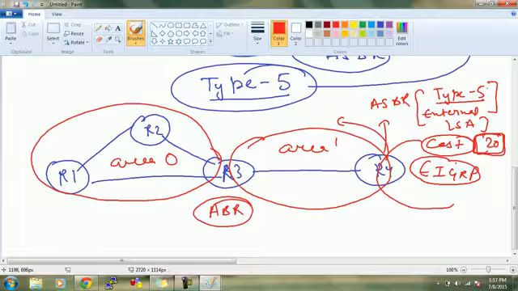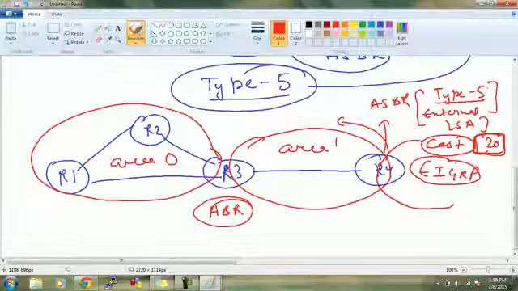So ABR will generate which type of LSA? Type 4. Type 4 LSA is called ASBR summary LSA. In ASBR summary LSA, R3 will tell every router in area 0 about two things. Who is ASBR in my area and what is the cost to reach the ASBR?